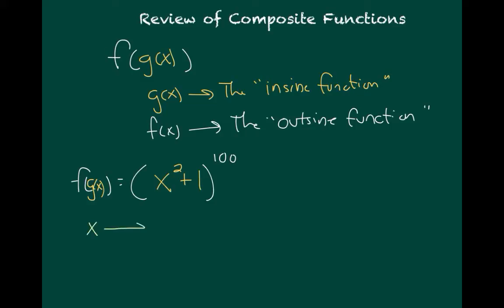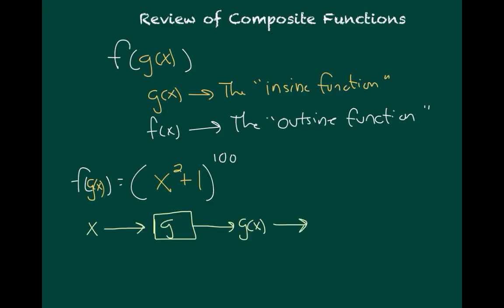Well, suppose you're given an x. That x is taken and it goes into, if we were to use the old function machine example, g of x. And when it comes out of g, it's no longer x, so it's been acted upon. So we have to take that change into account. So what comes out is g of x.